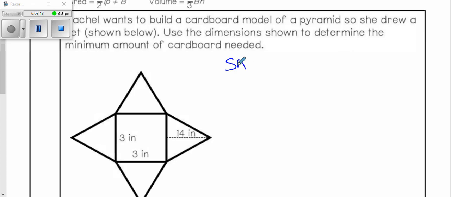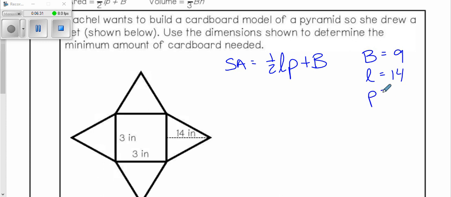Again, the surface area formula is 1/2 LP plus B. Here, the area of the base is 9, because it's a 3x3 square. L is 14, and the perimeter is 3 times 4, because it's a square. It's 12 for the perimeter.